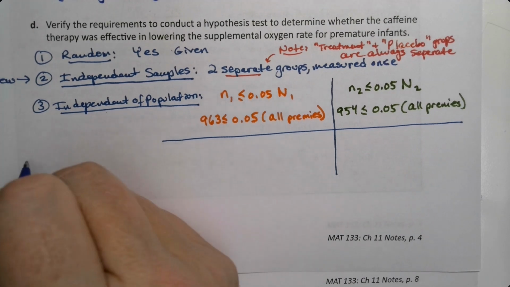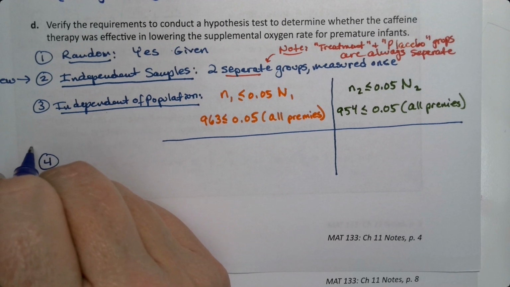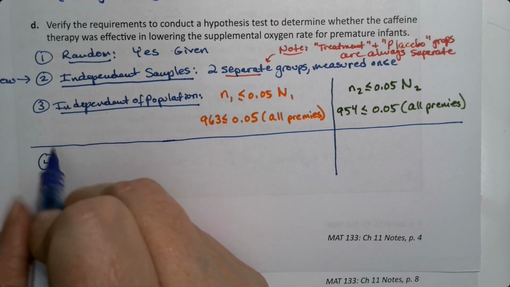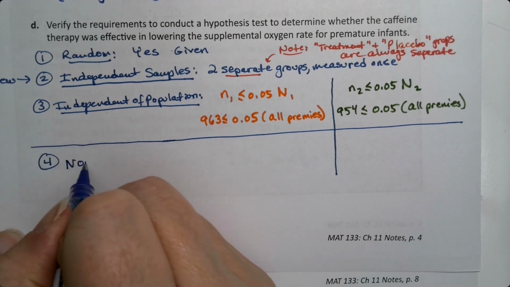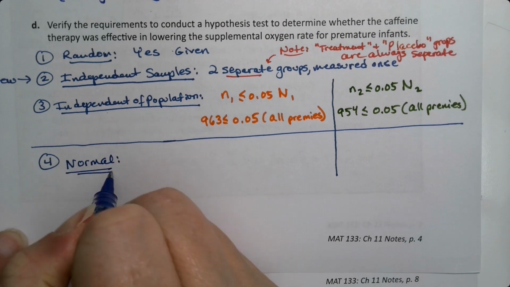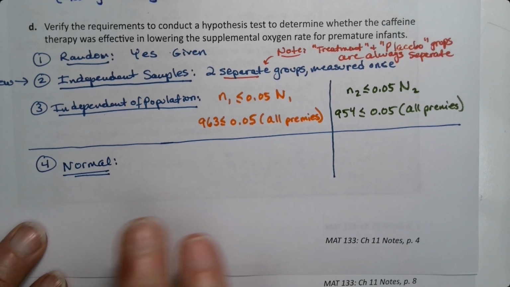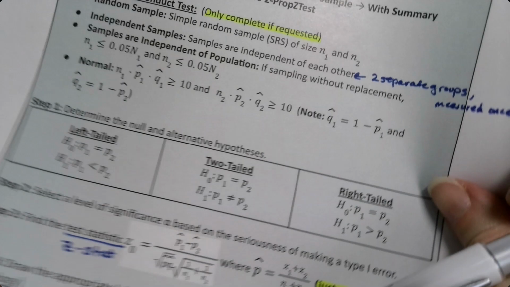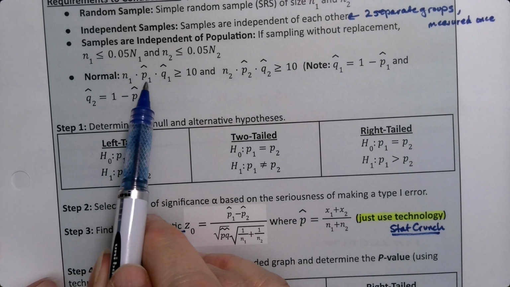All right, next, we need normality. Okay, so normal, because this is proportions, we have to use the bigger than 10. So you have to go n1, p1 hat, q1 hat is greater than 10.